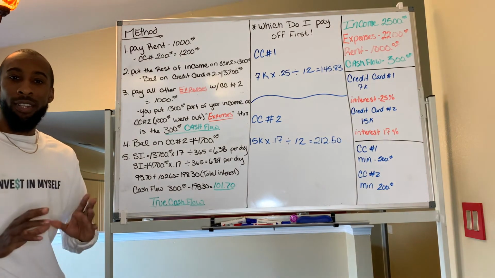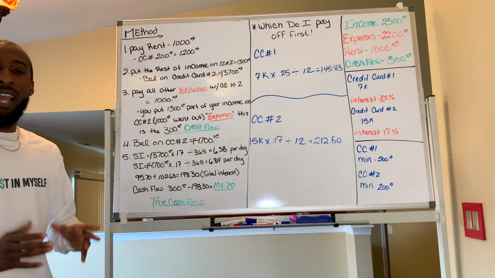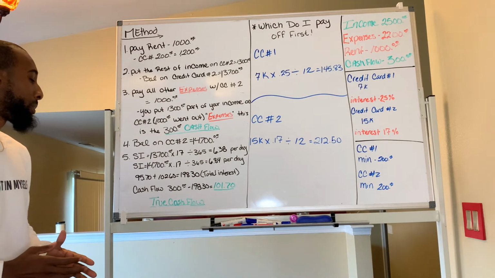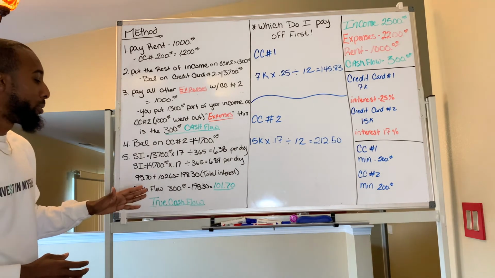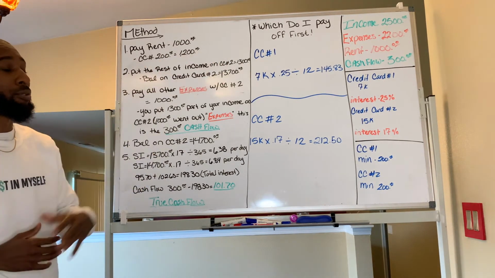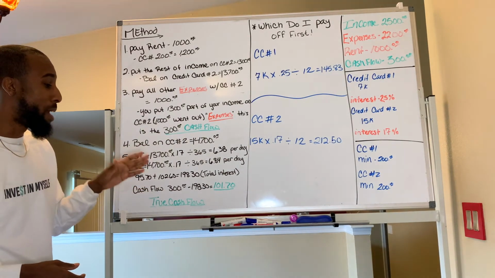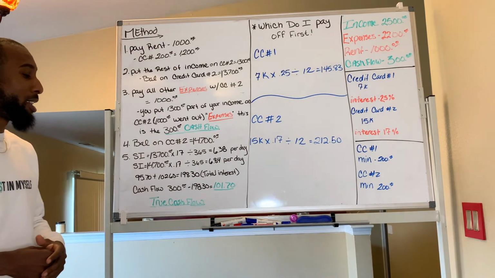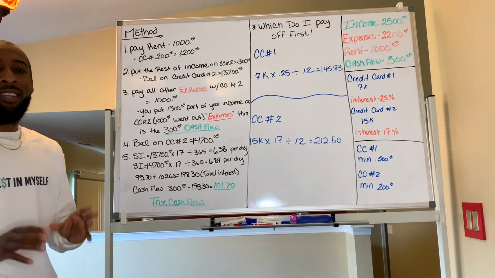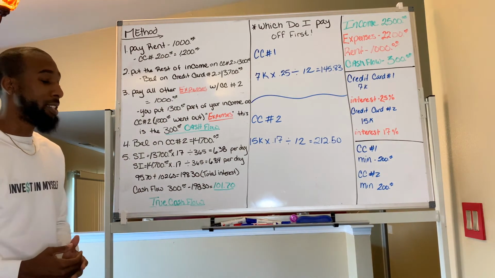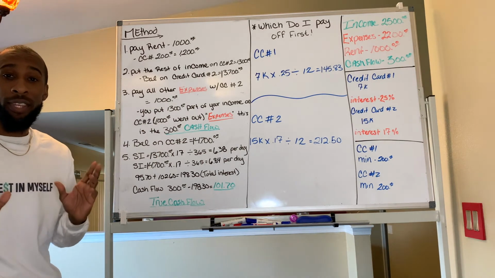So let's see what the true cash flow is after the interest is added up. Our cash flow there is $300. So we're going to take our $300, minus $198.30. This is going to equal $101.70 of true cash flow.